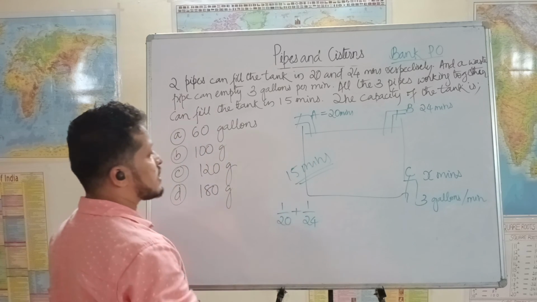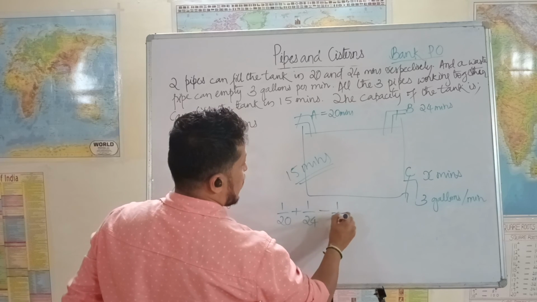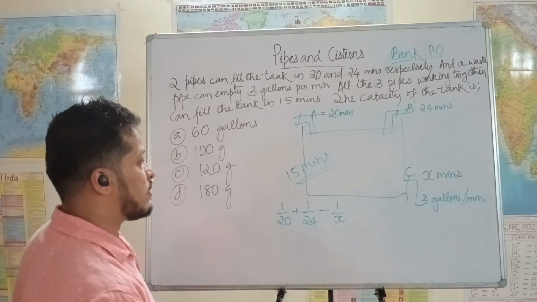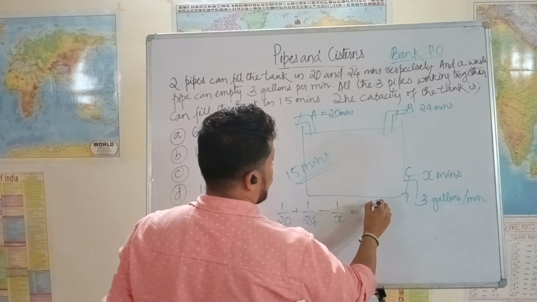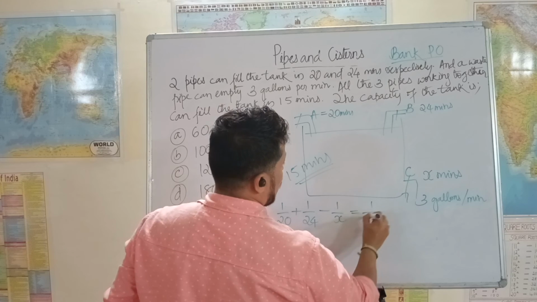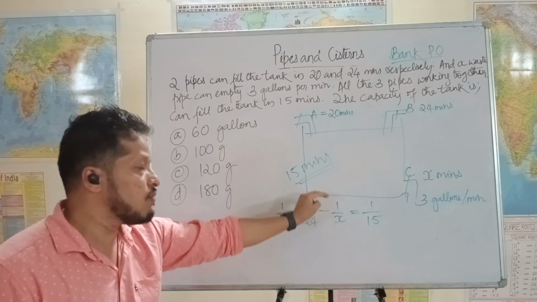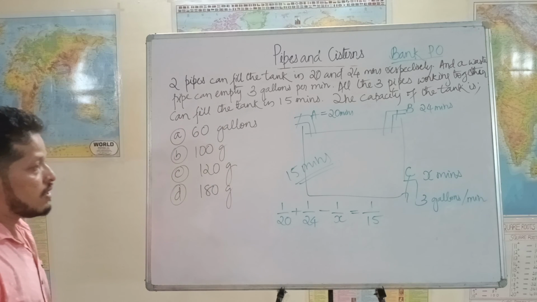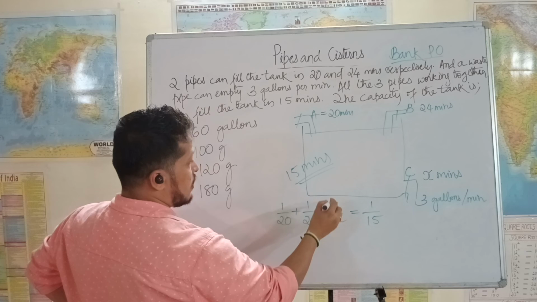At the same time, C empties 1 by X of the tank. Still, the tank will be filled in 15 minutes, so every minute 1 by 15th of the tank is getting filled, despite C emptying 1 by X of the tank. Now let's find the value of X.